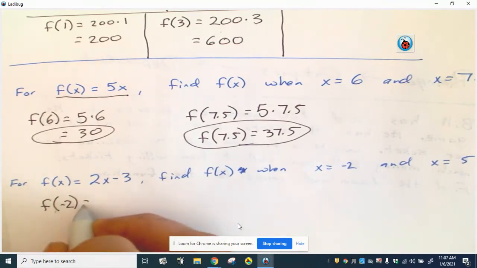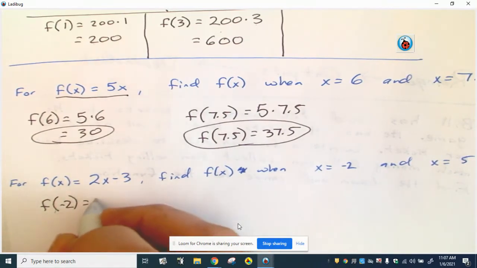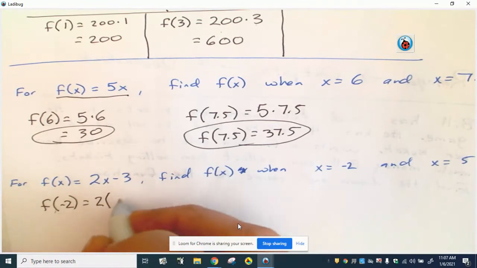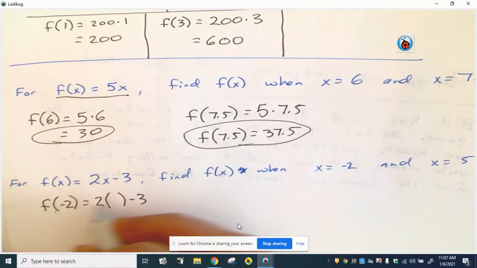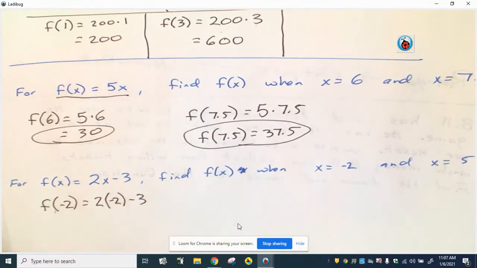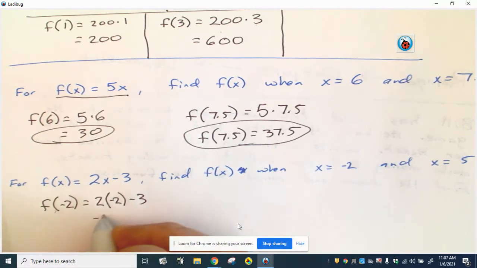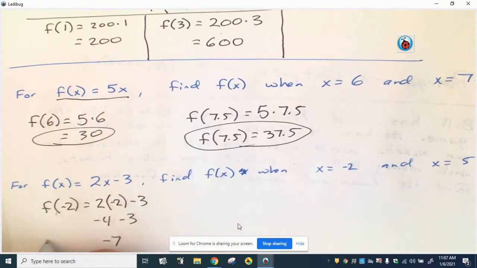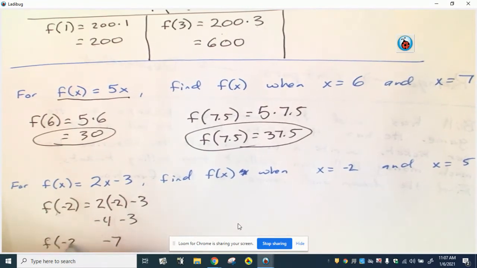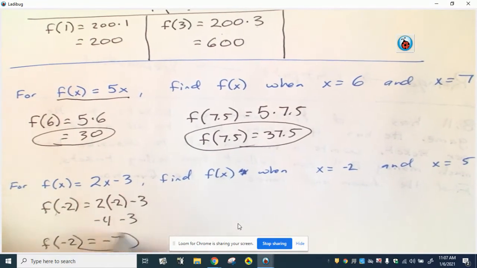All we do is rewrite 2x minus 3, but replace the x with negative 2. 2 times negative 2 is negative 4, minus 3 would be negative 7. So f of negative 2 is equal to negative 7.